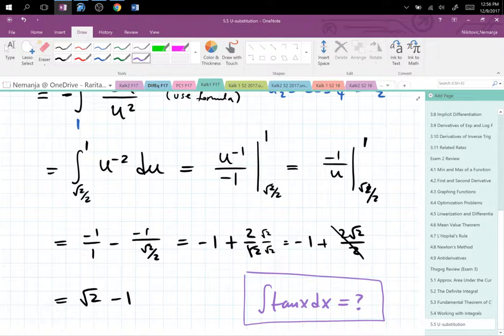Is tangent a basic function? No, it's not. It's not on the list of our antiderivatives in 4.9. So what do I do? Sine x over cosine x, very good, and then you have to use u-sub. The problem we did is harder than this one, because you had u squared. Well, you are going to get ln of secant x plus tangent x plus c, but that's okay. You'll figure it out.